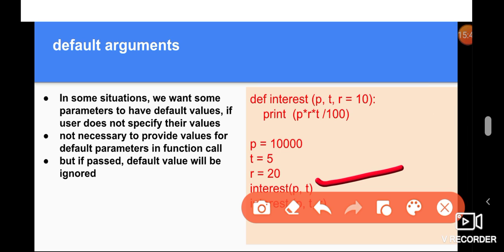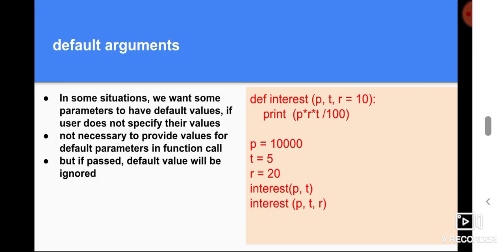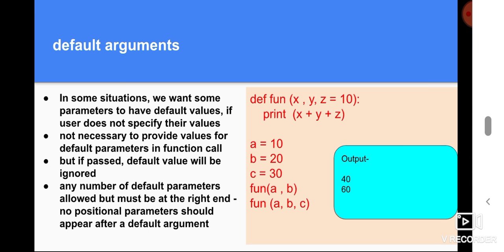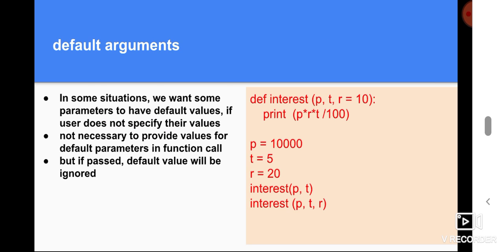That means only two values are supplied: principal amount and time. So obviously in this function call, rate of interest will be assumed to be 10%, and this prints this value p multiplied by r multiplied by t divided by 100.